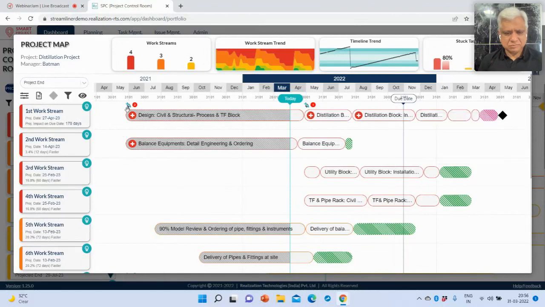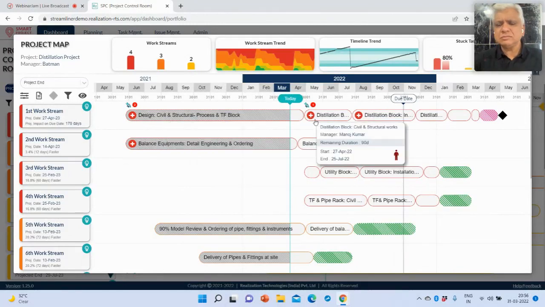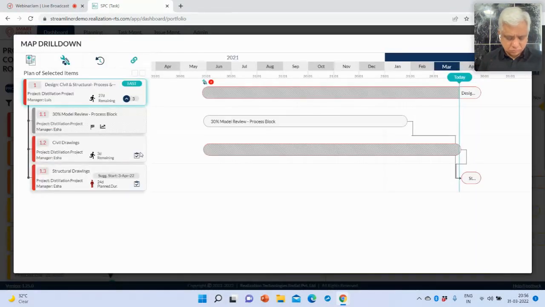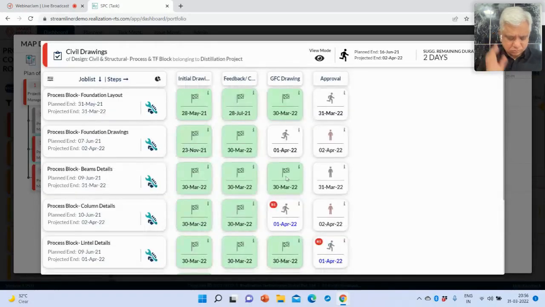This is also how the system is calculating this map in real-time mode. It is not taking any promises from anyone. It is going down deep into these details. This is the only place where progress is getting recorded, and from the speed at which the progress is happening, it is figuring out what is the impact on the entire box.